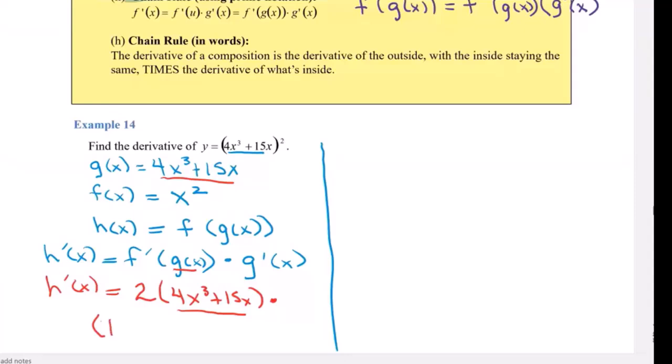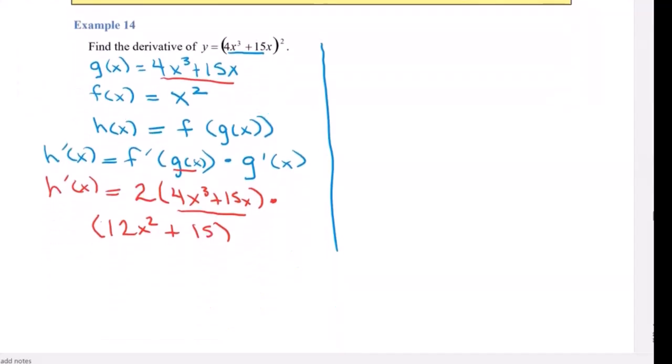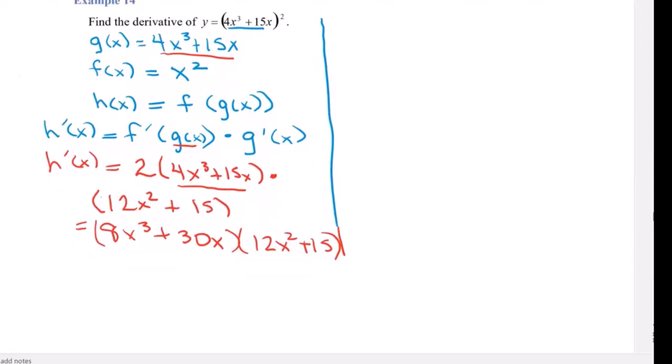So that's 12x squared, 4 times 3x squared, plus 15. And then I can multiply this out. I get 8x cubed plus 30x times 12x squared plus 15.